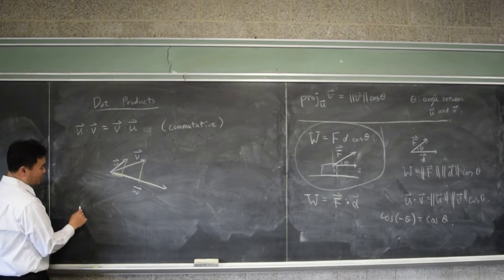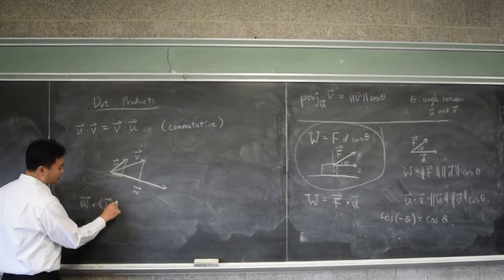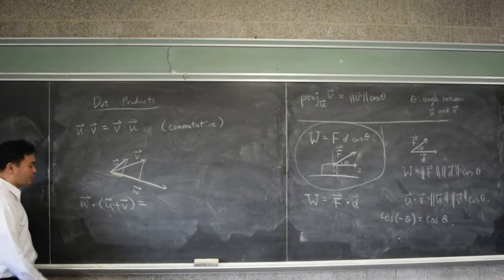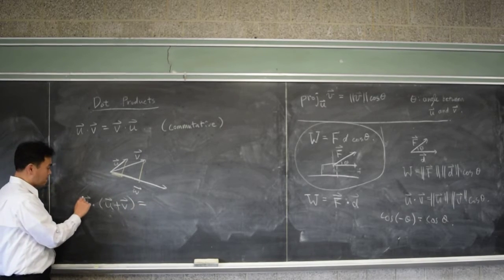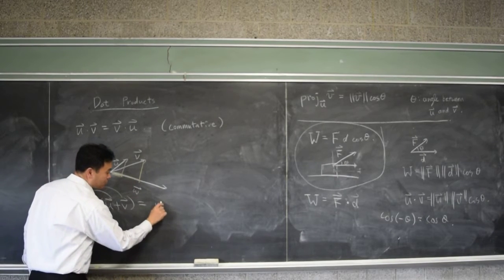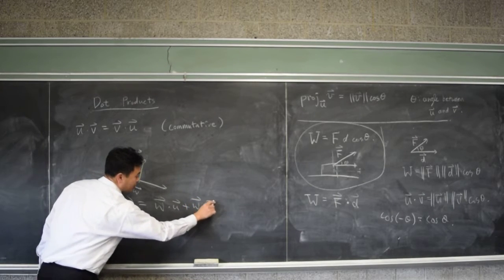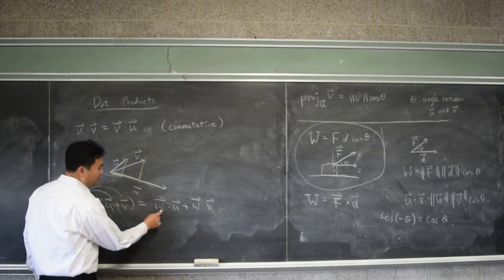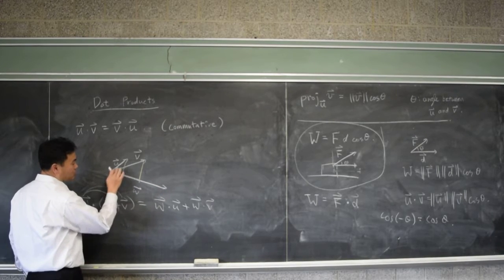What I'm trying to say is that w dotted with u plus v satisfies the distributive property. What does that mean? This is equal to what? I can distribute, right? So w dot u plus w dot v. That's what I want. Now let's think about this. First you project u onto w and multiply by w's length.